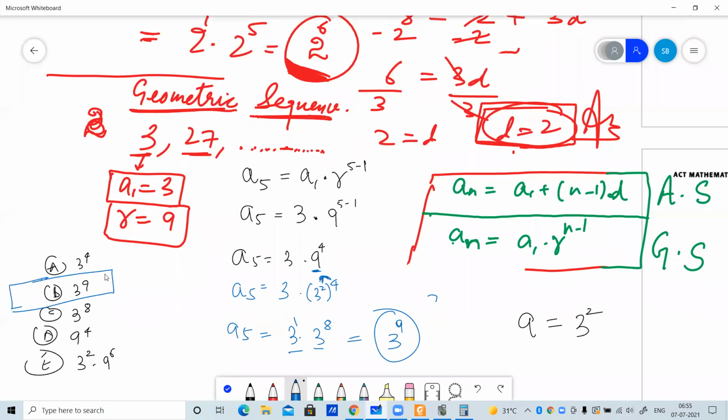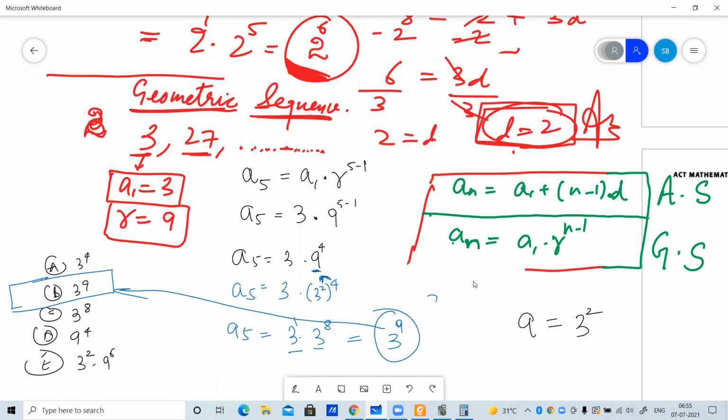When you have the same bases, keep the base the same and add the powers in multiplication. When you have the same bases, keep the base the same and subtract the powers in division. So it'll be 3 to the 9th power, right?